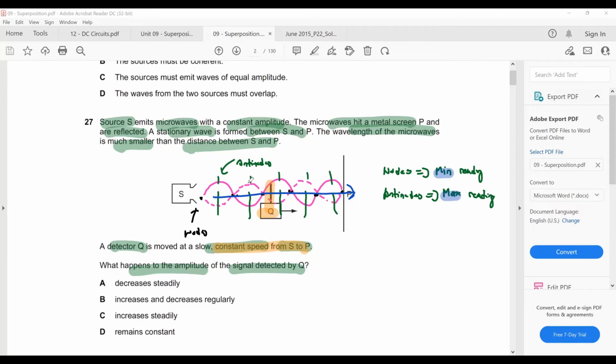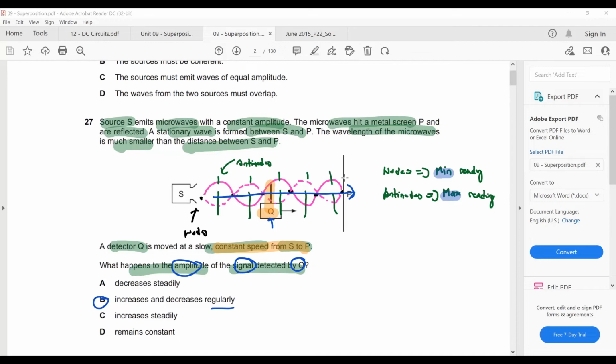So what's the amplitude of the signal detected by Q? You notice that the amplitude will increase and decrease regularly. Regularly here means that it is alternating. First you see an increase, then a decrease, then an increase, and then a decrease, and it repeats itself over and over again.